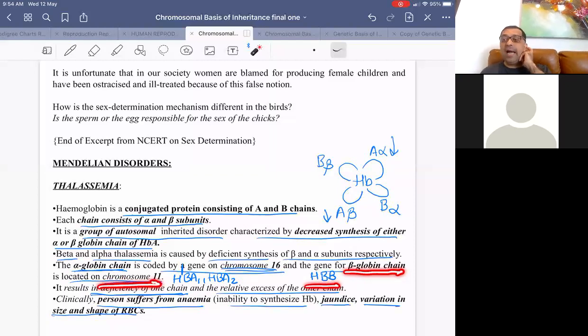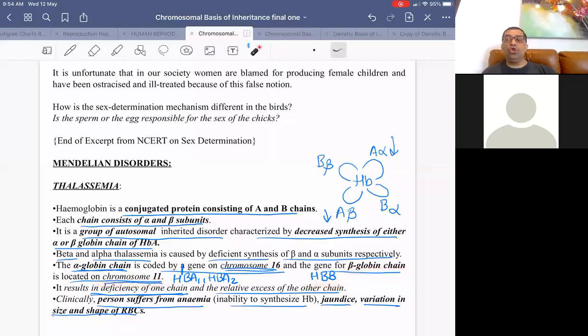तो ये खास याद रखना all of you, where is the alpha globin chain coded by? Chromosome number 16 by HBA1 and HBA2 genes, and the beta globin chain is located on chromosome number 11 by the HBB gene.